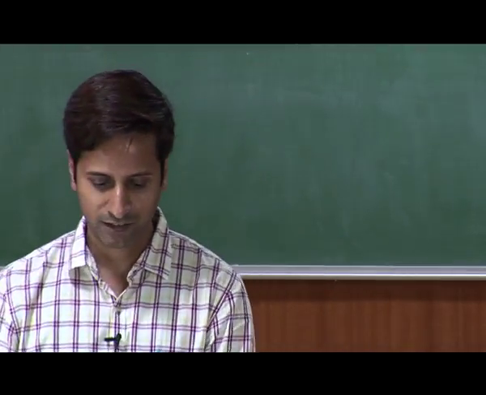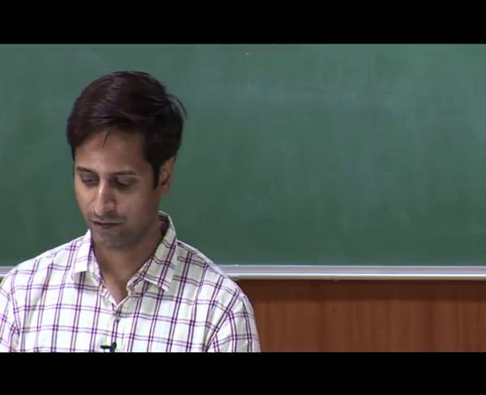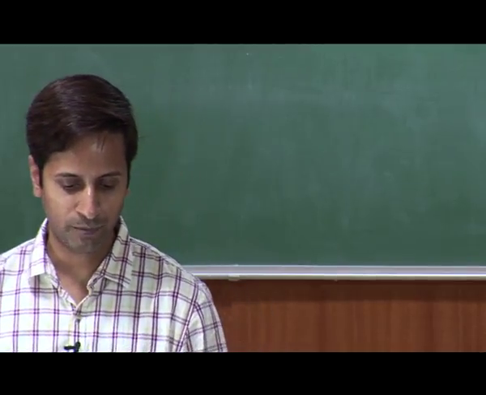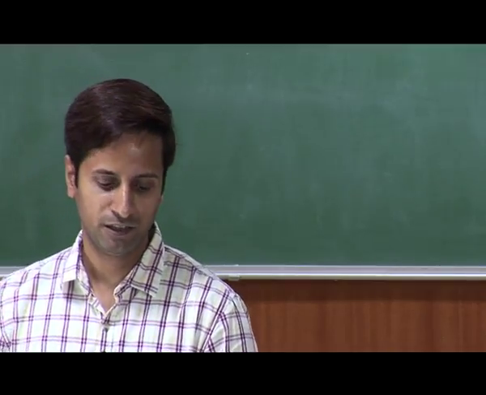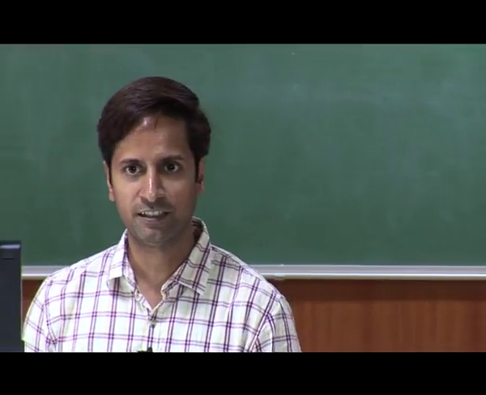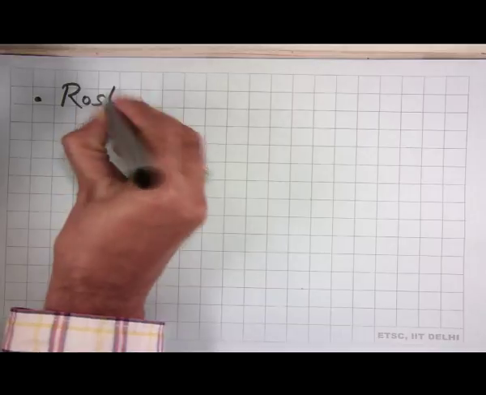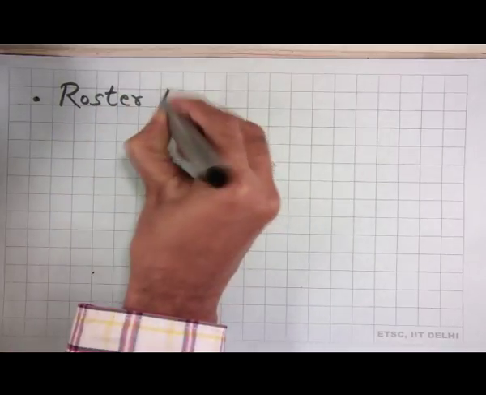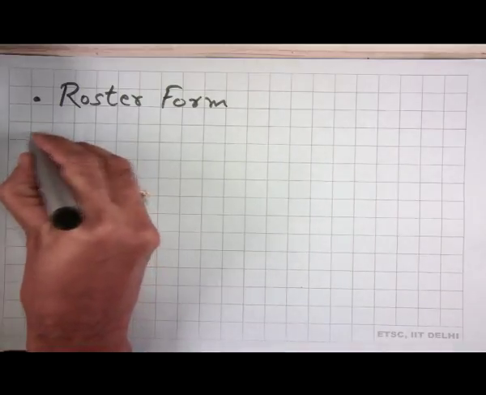So, let me start. First let me recall that we talked about two different ways of representing a set. One was roster form, and the second one is set builder form.